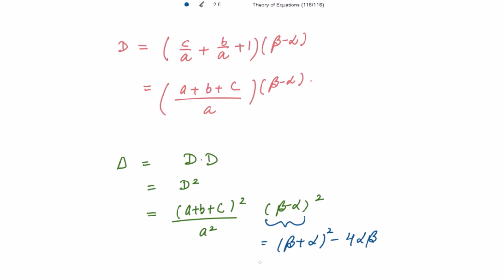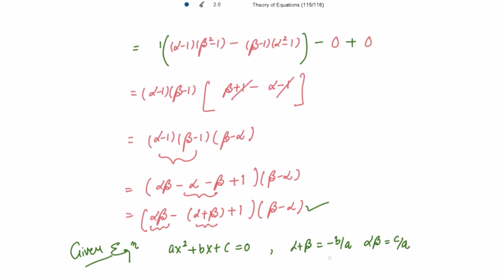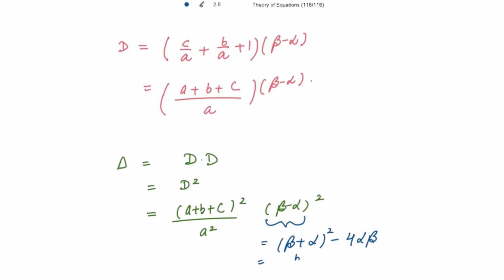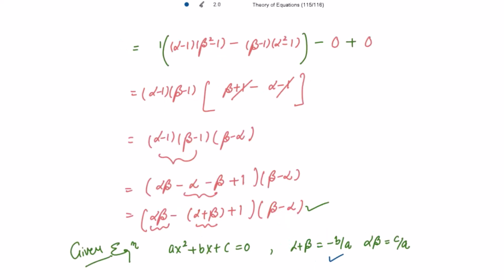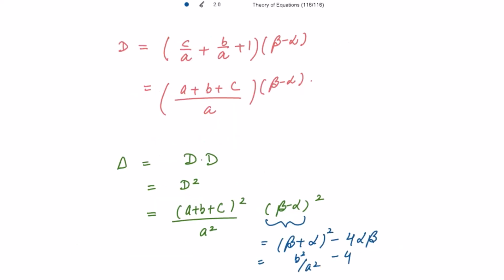So calculating this, alpha plus beta is minus b over a, and there is a square. So it is b square over a square minus 4 times c over a. So that becomes b square minus 4ac divided by a square.